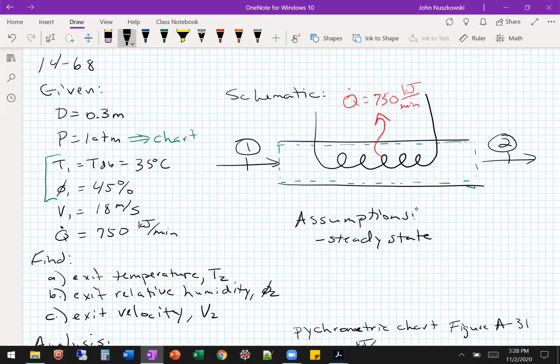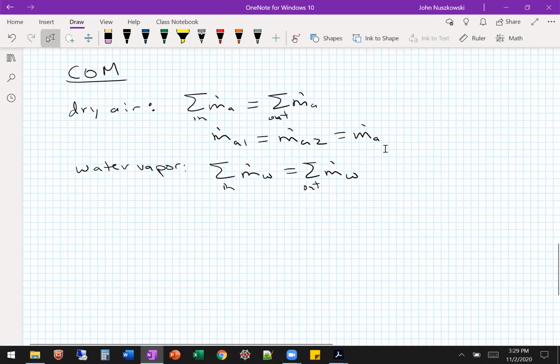We have some water vapor that's leaving at 2, right? There's no other water leaving anywhere or being added. So we have the mass flow rate of water vapor at 1 and at 2.